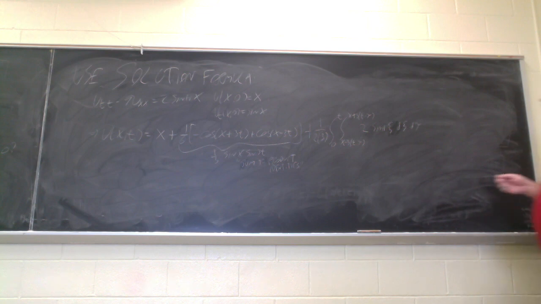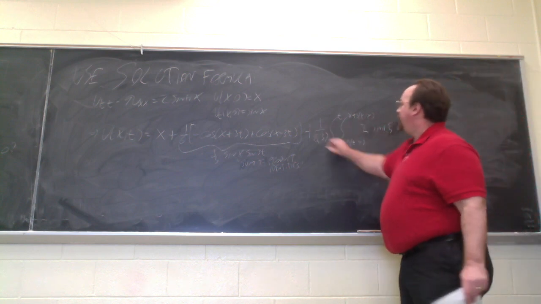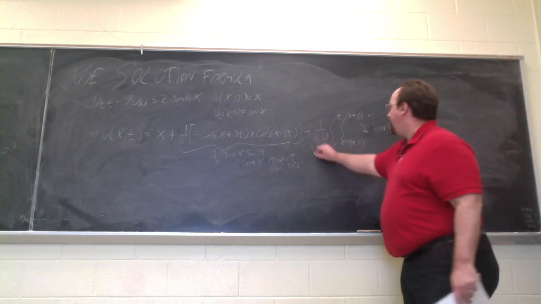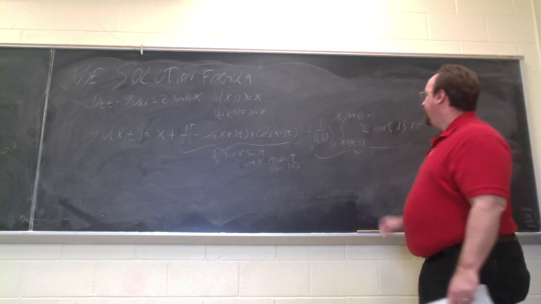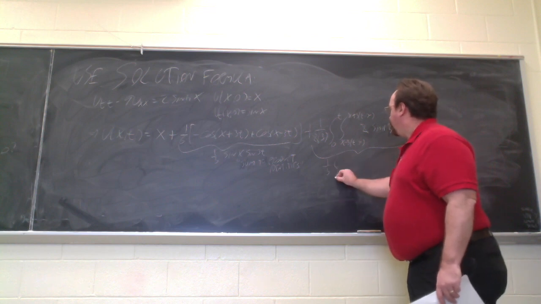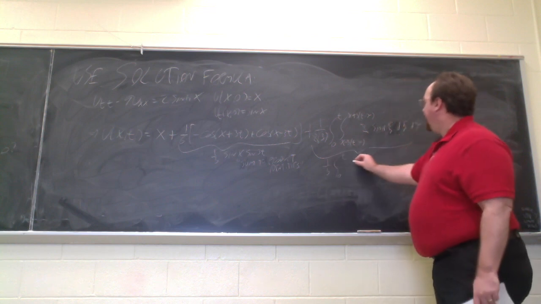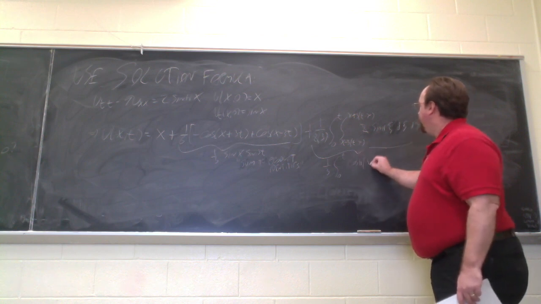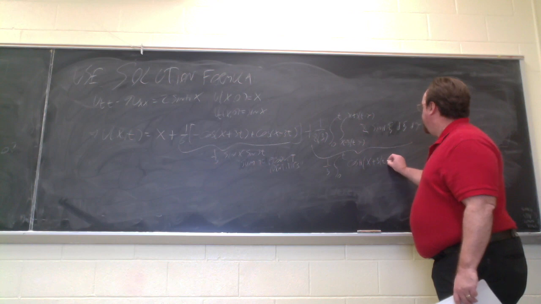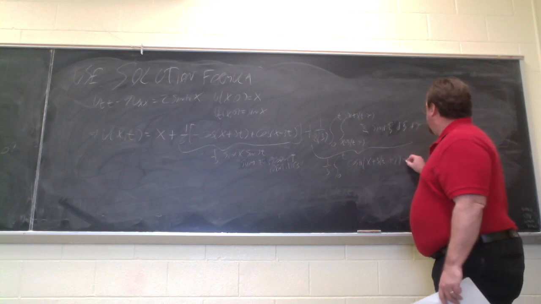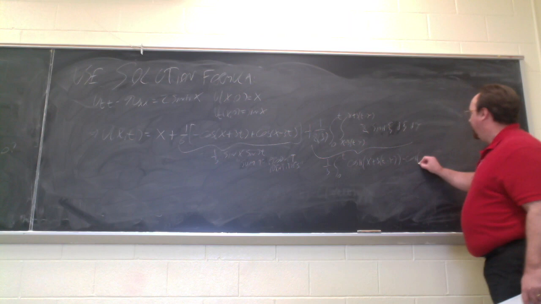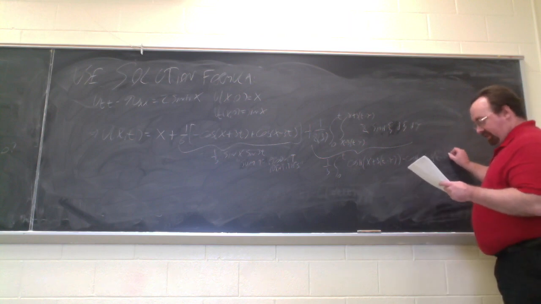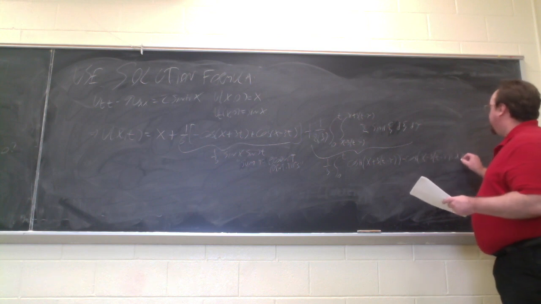The 2's will cancel out, and the integral of sinh is cosh, so I'm only going to focus on this part. So integral from 0 to t, the inner integral is cosh(x plus 3(t minus tau)) minus cosh(x minus 3(t minus tau)) d tau.